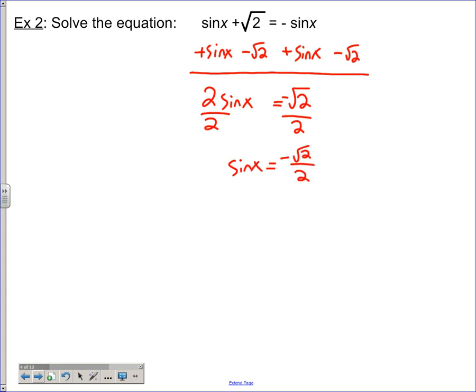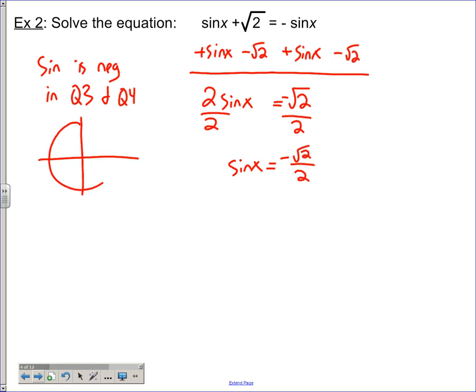root 2 over 2. So sine is negative in quadrants 3 and 4. Negative root 2 over 2 would be the value at 5 pi over 4 and 7 pi over 4. So we take those answers. We're going to remember that our answers have to be periodic.